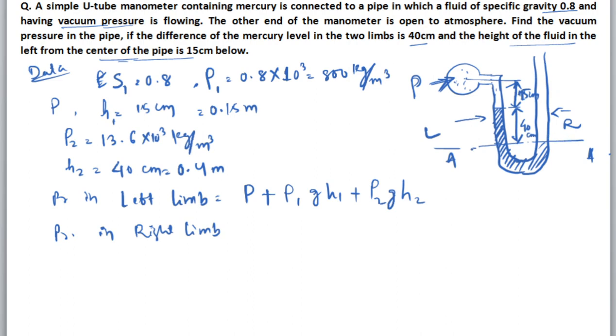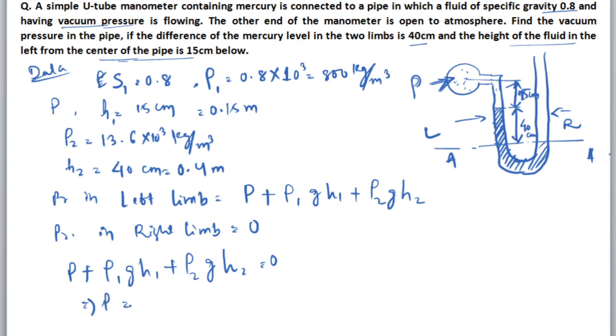Above the atmospheric surface or reference line there is nothing. That means pressure in the right limb is 0. So from this, under equilibrium, pressure in the left limb will be equal to pressure in the right limb. So P plus rho 1 g H1 plus rho 2 g H2 equals 0.